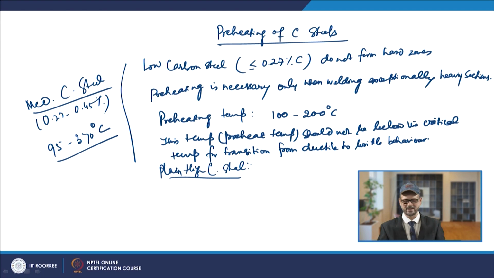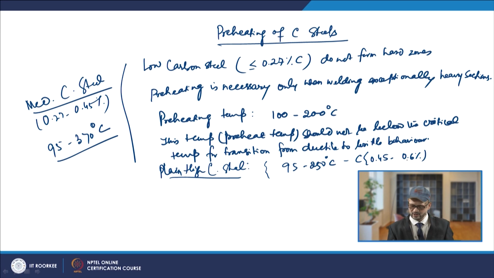Normally we have a controlled system of preheating. The preheating temperature will vary from 95 to 250 degrees C when the carbon is from 0.45 to about 0.6%, and you give from 205 to 370 degrees centigrade when the carbon content is more than 0.6%.